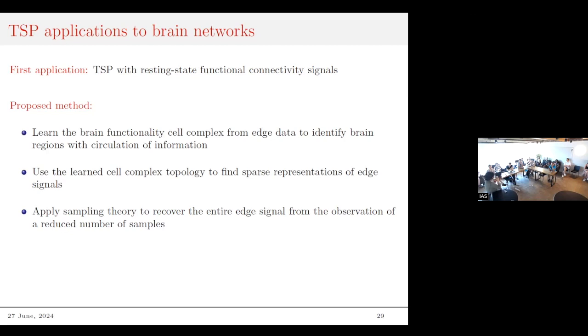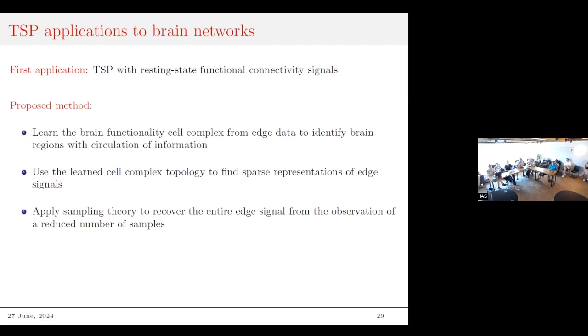There are cycles. And we use this learned cell complex topology to find the sparse representation of the signal and apply sampling theory to recover the signal from the observation of a small number of edge signals.